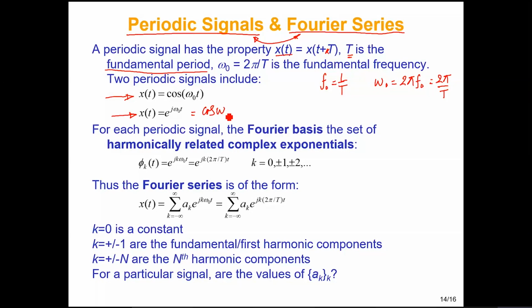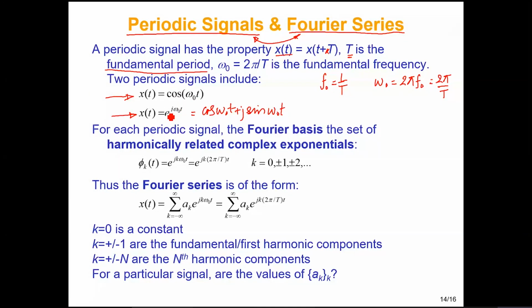The real part and the imaginary part are both sinusoids, so it is also a periodic signal. This omega naught is the angular frequency of that signal, and from it we can extract the time period or the fundamental frequency f naught in hertz. All that can be extracted from this multiplicative factor omega naught. So a sinusoid is a periodic signal, and a complex exponential is also a periodic signal.